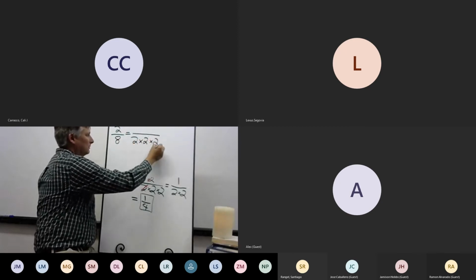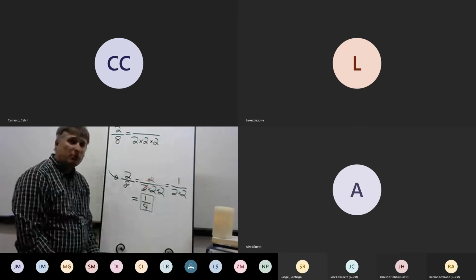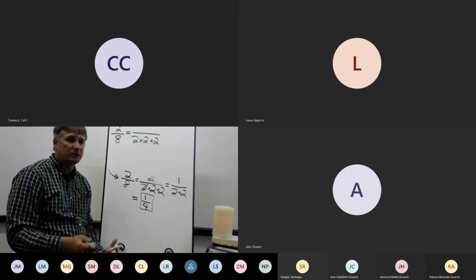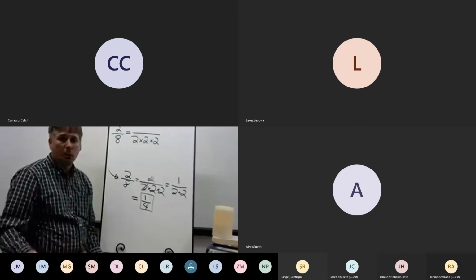Now, 2 is a prime number. So that means 2 is only the product of 2 with the number 1.